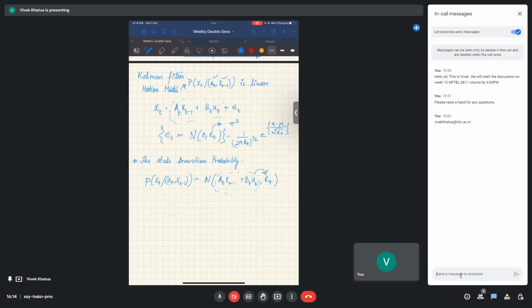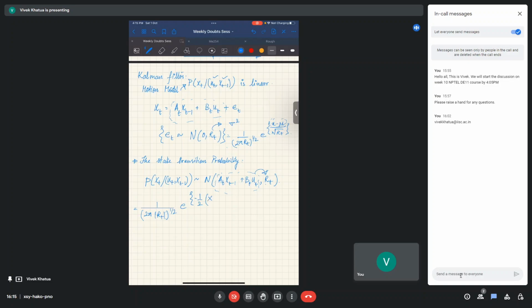In a multivariate Gaussian distribution, this would look something like this: 1 over root of 2 pi mod RT, the root of the entire expression, exponential e power minus half of this expression. Now we have to do something like x minus mu, x minus the mean.